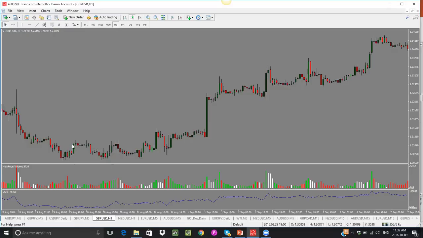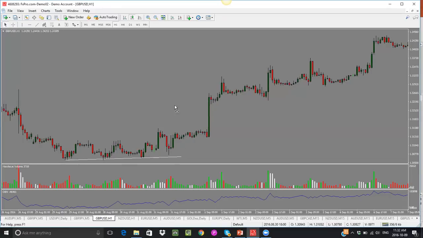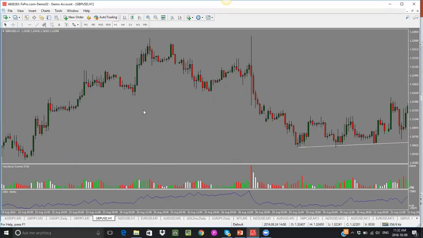We have buyers coming in, indecision, sellers coming in, a very neutral market, and then the market starts to go sideways, and as you can see, it starts to go higher. If you draw a trend line, price is trying to go up. So this is your bullish Marubozu here, and from here on, price continues. So that's our bullish Marubozu.